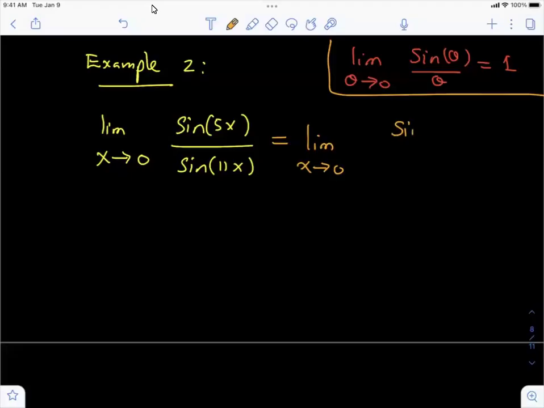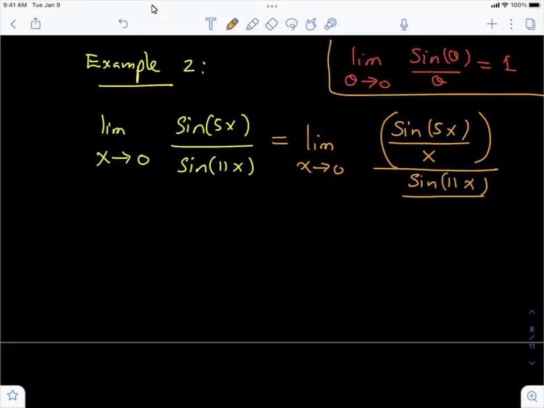Now to do that, this is what I'm going to do. I will divide the top by x, and whatever I do, I'm going to do exactly to the denominator as well. In other words, now look at this. I'm going to divide both the numerator and the denominator by the same term x. Why do I do that?